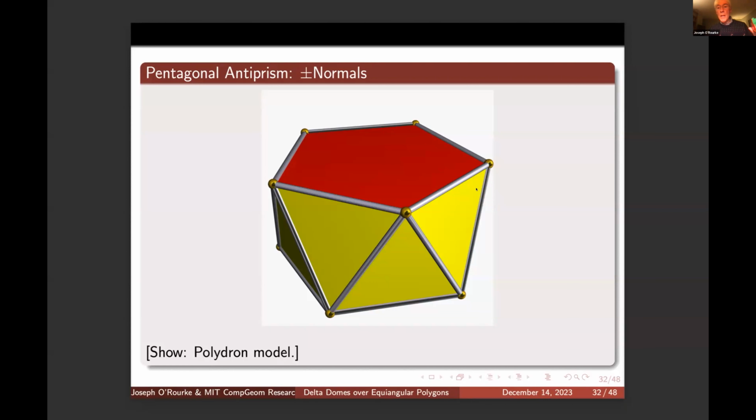This bright yellow triangle, if you look at its normal vector, it's pointing upward above the XY plane with a positive projection to the Z axis. This one points downward.